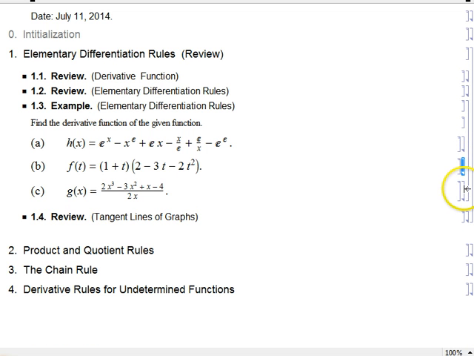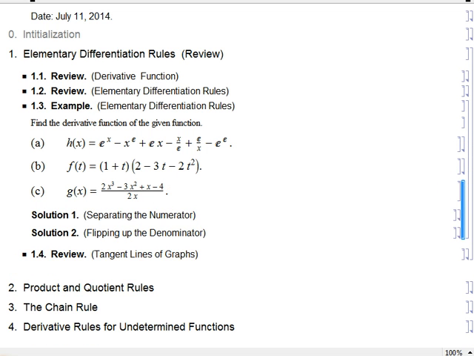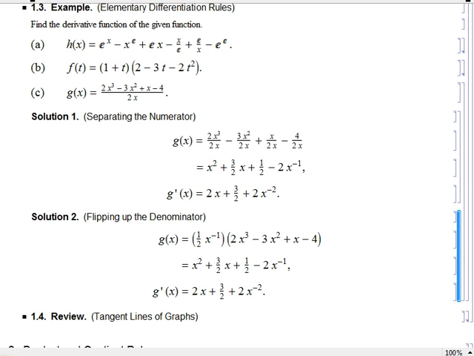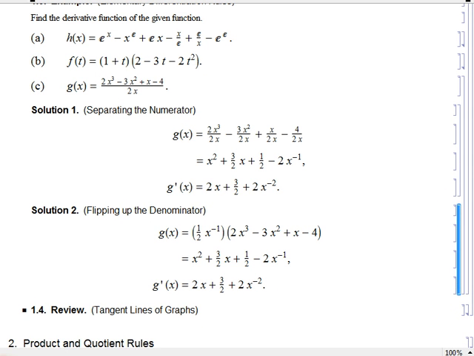A similar kind of argument applies for quotient. Do we take the derivative of the numerator and the derivative of the denominator and simply take the fraction of them? Not really, we can't do that. We'll have to find a way to separate them and then use power rules. So here we go. You can separate the numerators because the denominator is simply a monomial, and then simplify everything to get a bunch of power functions added together, and then we can apply the power rule one at a time.